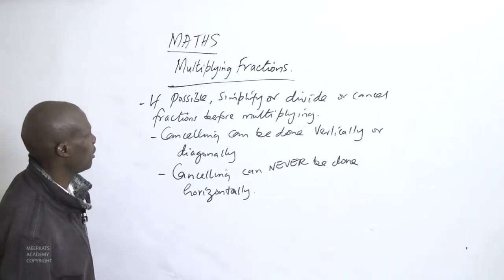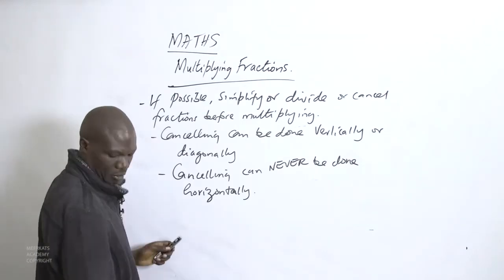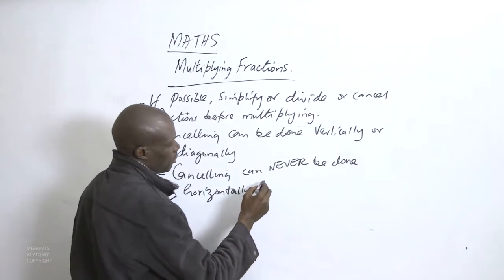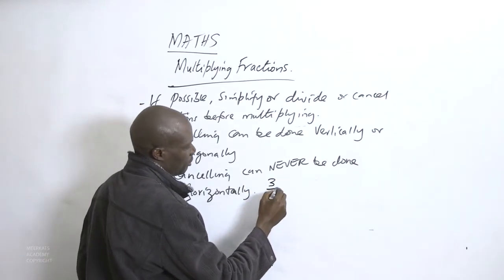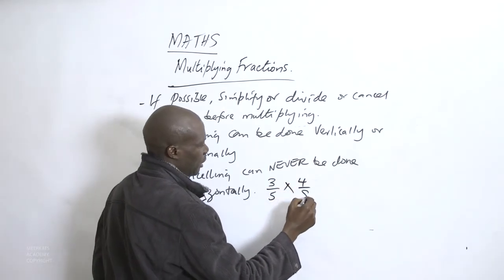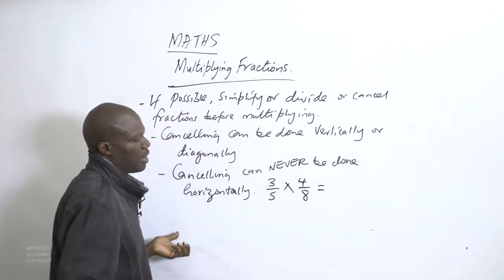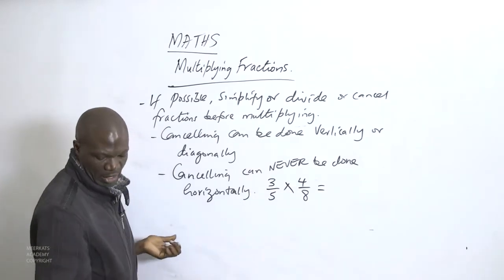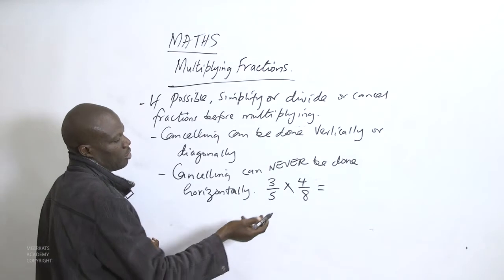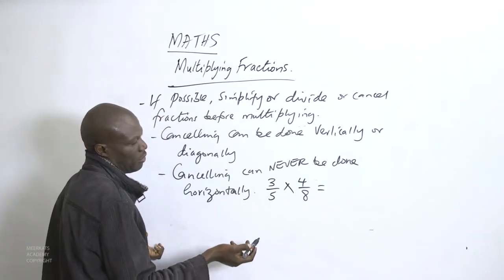Let's look at an example here. I can illustrate using this: 3 over 5 multiplied by 4 over 8. Here, 4 and 8 have a common factor, and the highest common factor is 4.